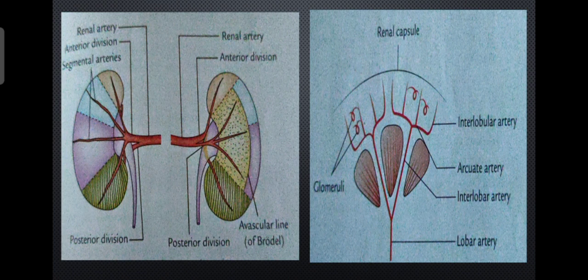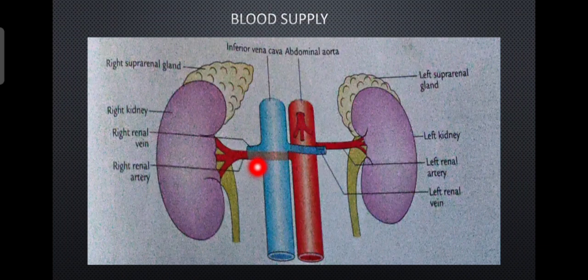And then the interlobular artery gives rise to the afferent arteriole of the glomerulus. So from the beginning we saw that first the renal artery near the hilum splits into anterior and posterior divisions, then they divide into segmental branches, like here.